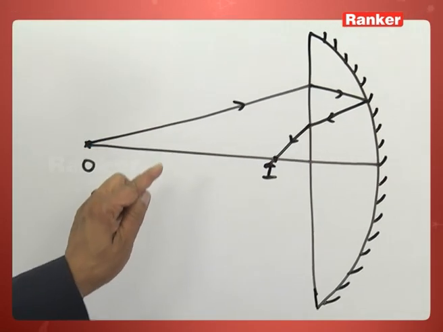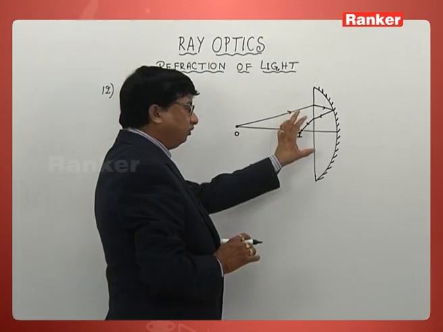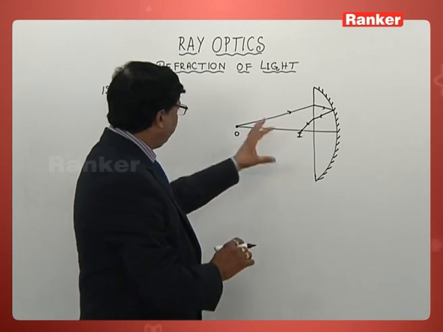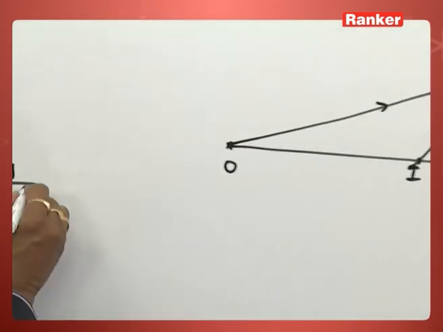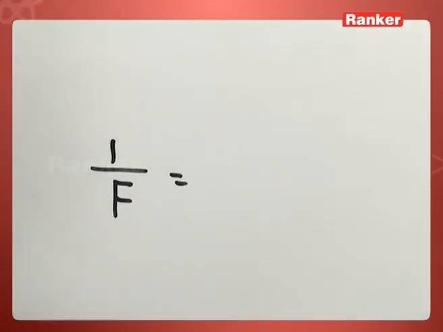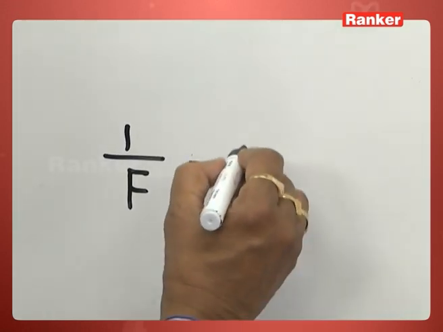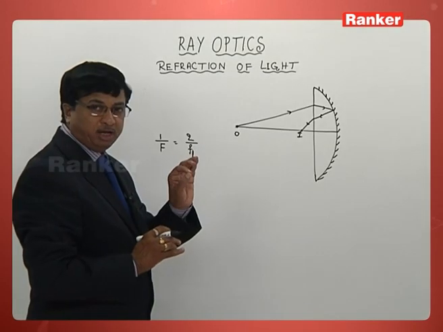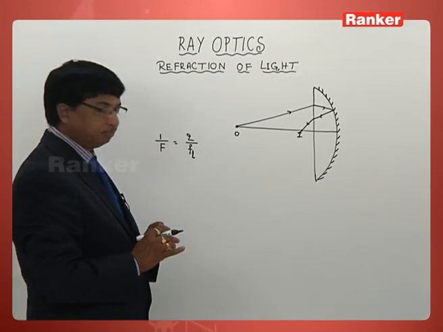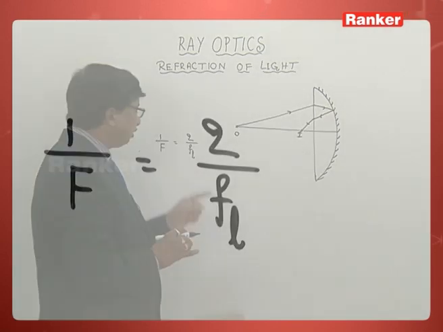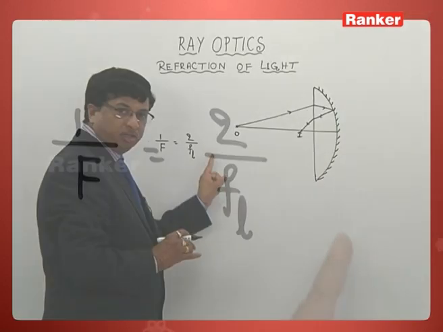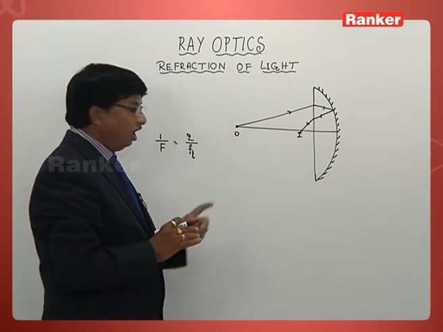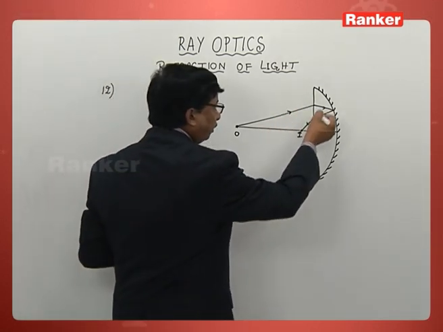So, what would be the effective focal length of this combination? First of all, you need to know the formula for effective focal length here. 1 by effective focal length is equal to 1 by f1 plus 1 by f2 plus 1 by f3. Out of that, twice it is crossing the lens.